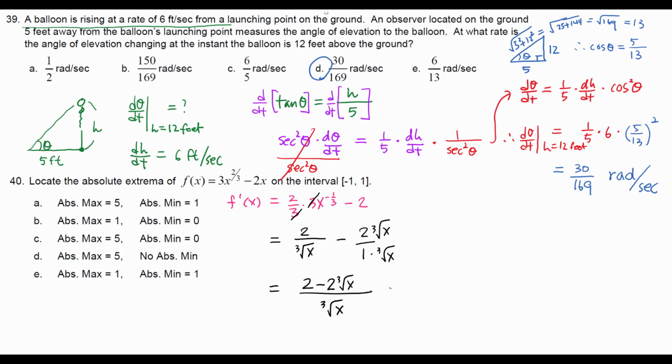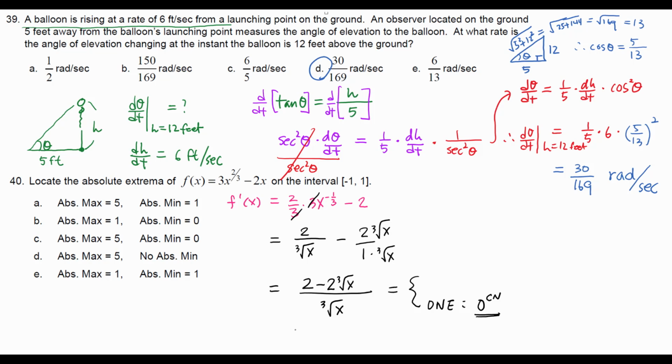So is this undefined sometimes? Yes, my f prime does not exist when x equals 0. But f(0) exists. So since f(0) exists and f prime of 0 does not exist, 0 is a critical number. And when is f prime of x equal to 0? My f prime of x equals 0 if the numerator is 0.